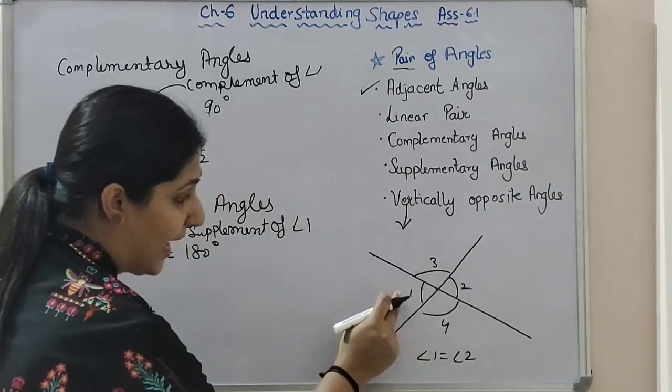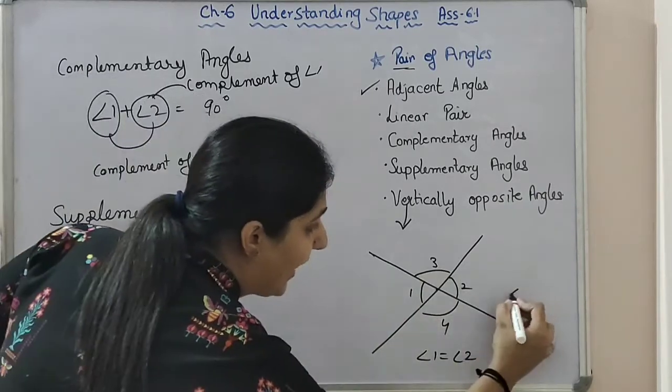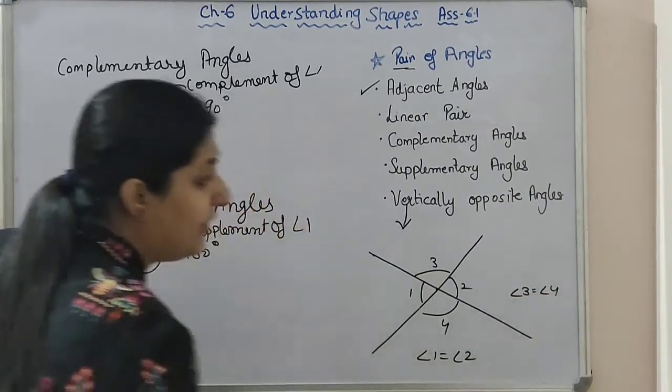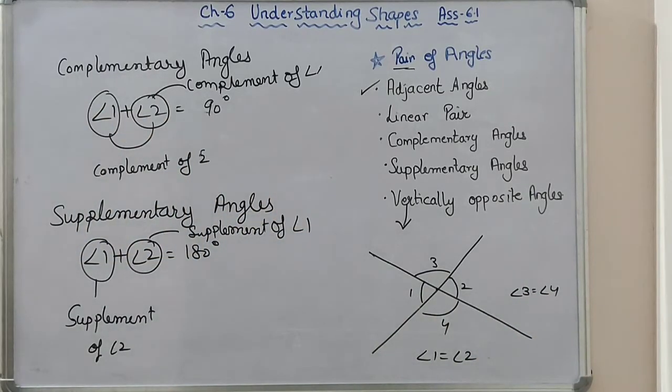See, vertically opposite, angle 1 will be equal to angle 2 and angle 3 will be equal to angle 4. So I hope you are clear with these pairs of angles. We have to learn these concepts because they will be very useful in solving the questions ahead.